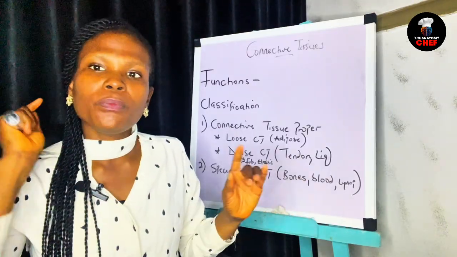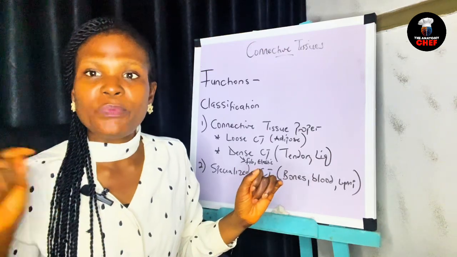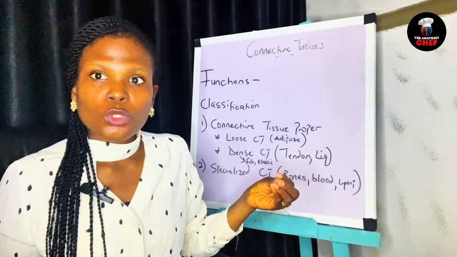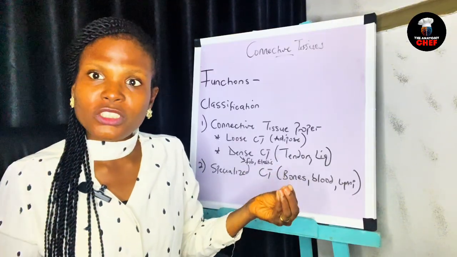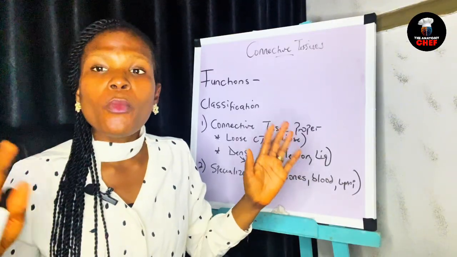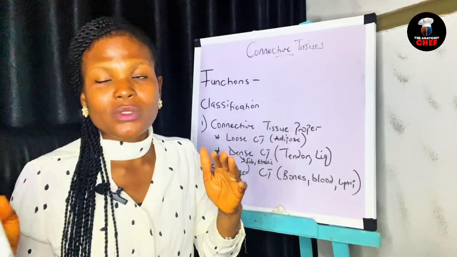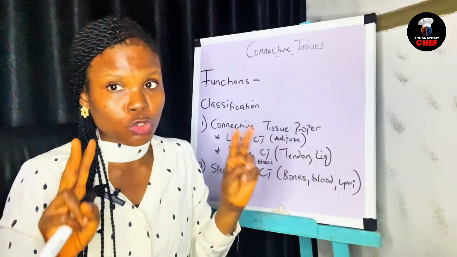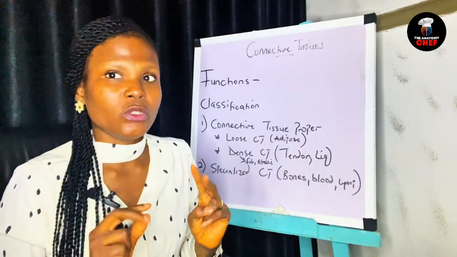Now, the second classification of connective tissue, the specialized connective tissues, are the bones, your blood, and your lymph. There's another school of thought that classifies connective tissues into just two, loose and dense connective tissue.